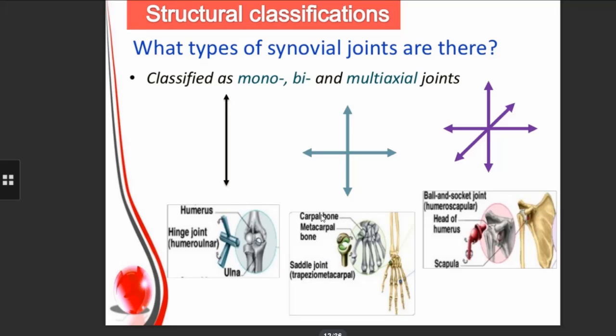This is biaxial movement. And you can see the ball and socket joint, just like hip joint and shoulder joint. There is a ball of one bone and socket of another bone. It's multiaxial, means the direction of movement is three axis.